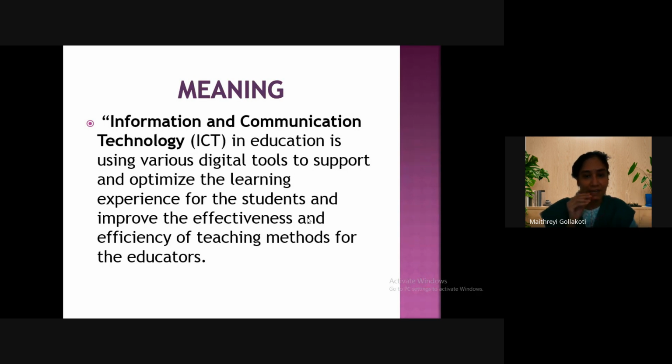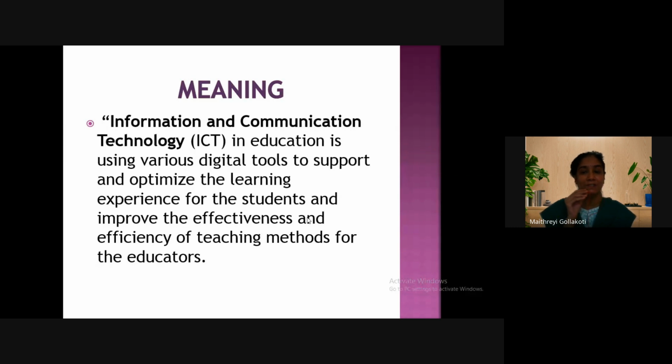First, let us see the student part. It is a digital tool which supports and optimizes the learning experience for the students. Supports means it will help the student to learn the subject. That way it supports.